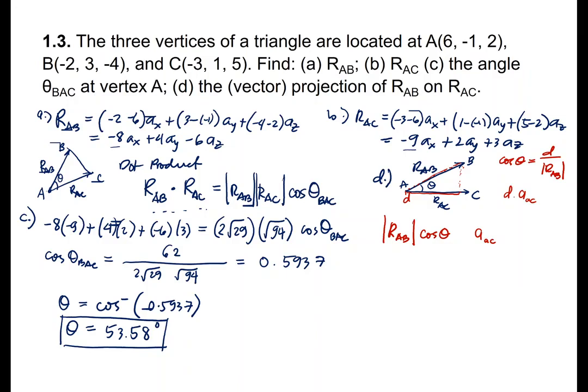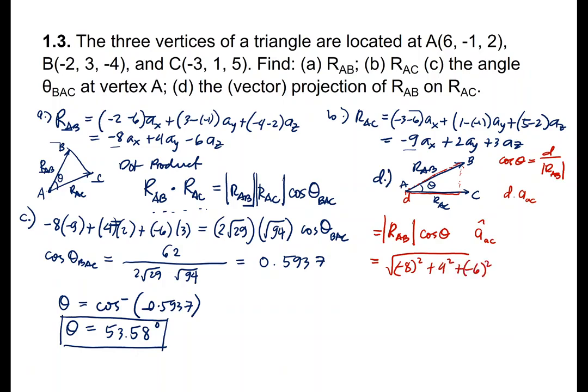So it's not the dot product. This is the answer, the equation. We can put a hat to represent that this is a unit vector. Then you have RAB. The magnitude of RAB is equal to the square root of negative 8 squared plus 4 squared plus negative 6 squared.